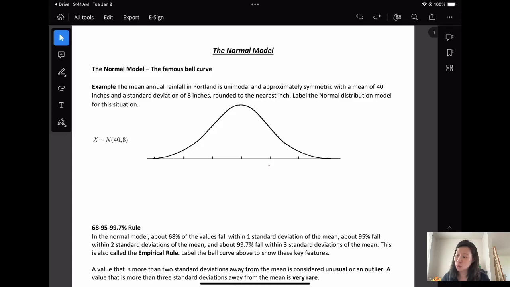In this video, we are going to talk about the normal model. The normal model is the famous bell curve, which we've seen a lot. We usually use it to describe continuous probability, which is numerical data. Those numerical data, we get by measuring, such as height, weight, commute time, or volume.